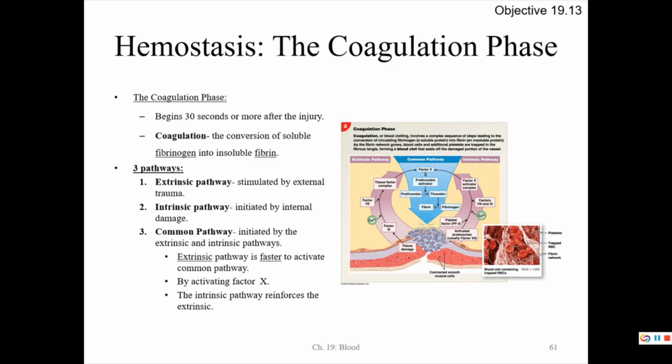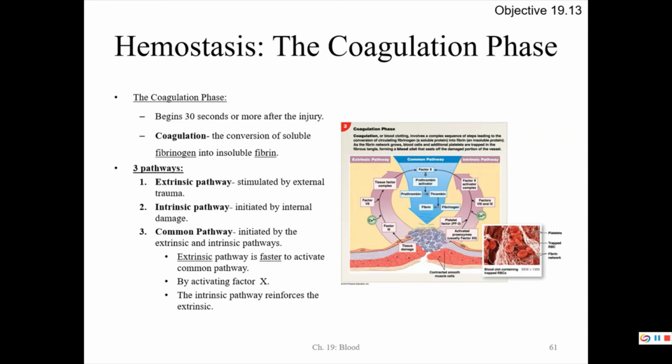They activate factor X, and the intrinsic is more for reinforcement. Extrinsic is usually caused by external traumas, like getting punched in the face. Intrinsic pathways are usually caused by internal traumas, like a cannula being added into a blood vessel, something damaging a blood vessel from the inside, things like that.